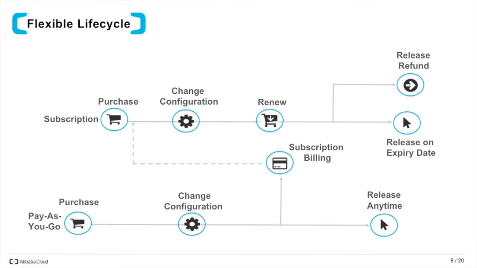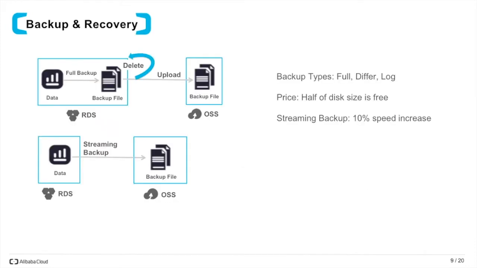What is the most important task that you ask of a DBA? I think database backup is the answer, because we will all lose our business if we lost that data. So RDS has a backup mechanism to protect your data.